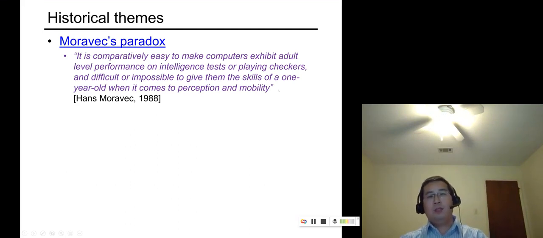So this means some basic behavior humankind has, we still have a long way to go. For example, walking, running, speaking, understanding natural language. But doing some complicated things, which is called narrow AI, is easy to achieve. But general AI seems harder to achieve.